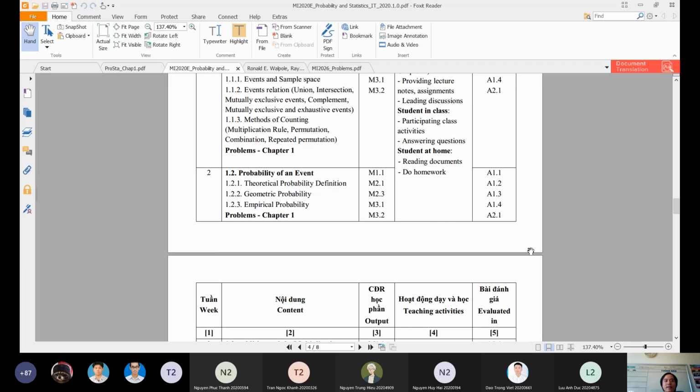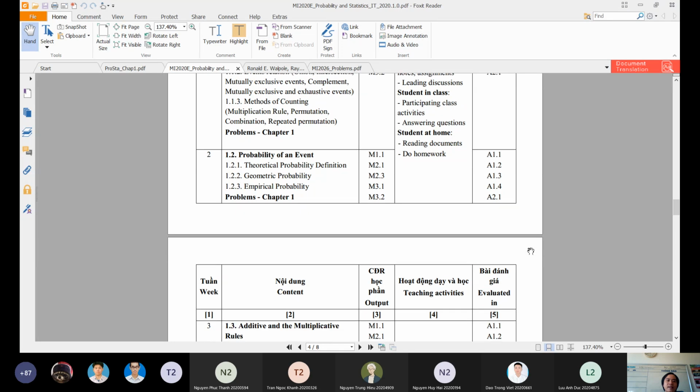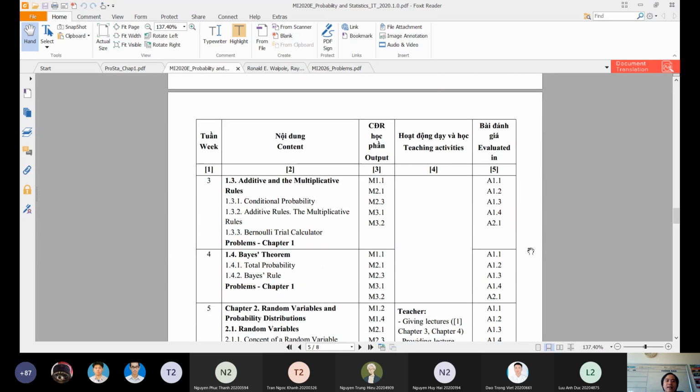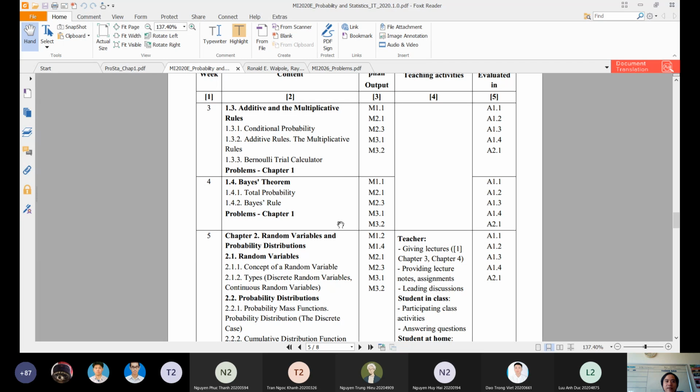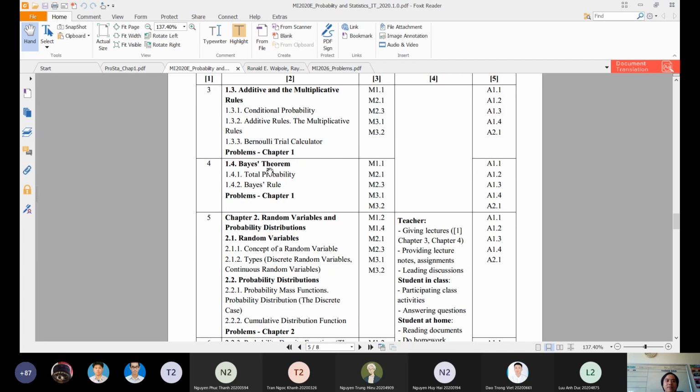And then we'll see the definition of probability of an event. Then we will introduce how to calculate probability of an event by some rules like additive rules, multiplicative rules, and conditional probability. Okay. And the very important theorem in this chapter is Bayes' theorem and total probability. Okay.